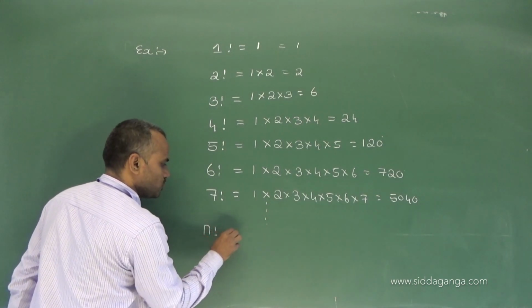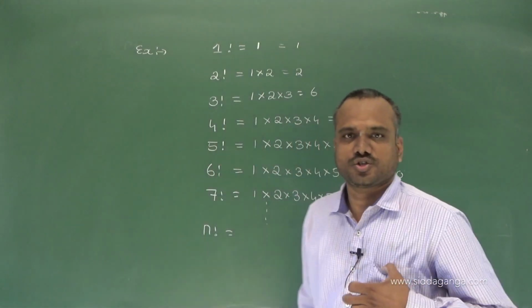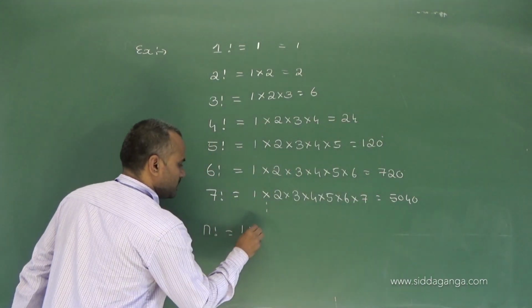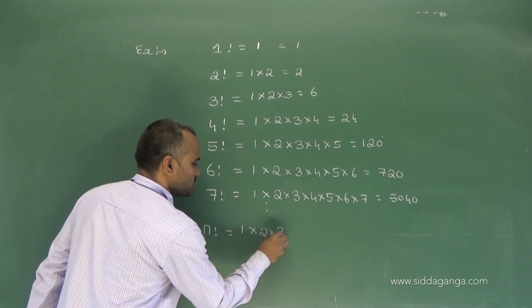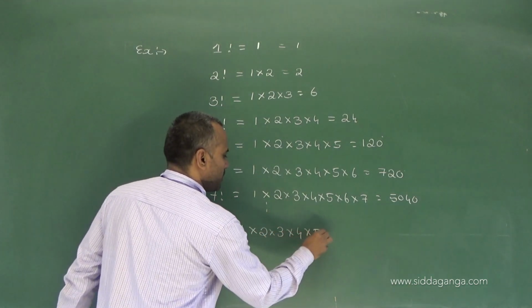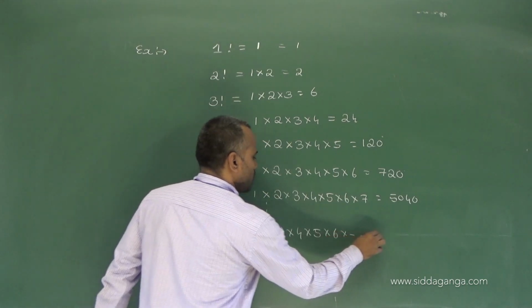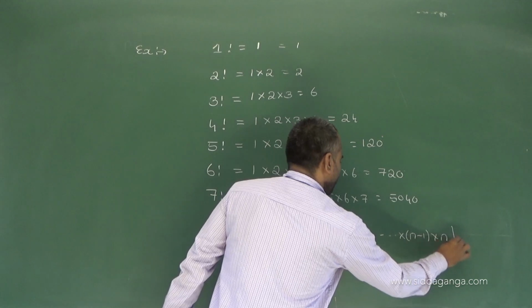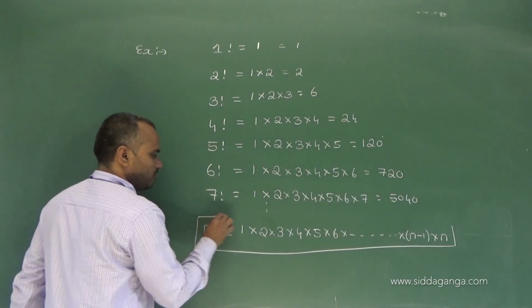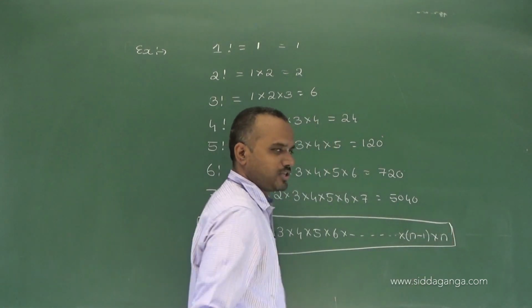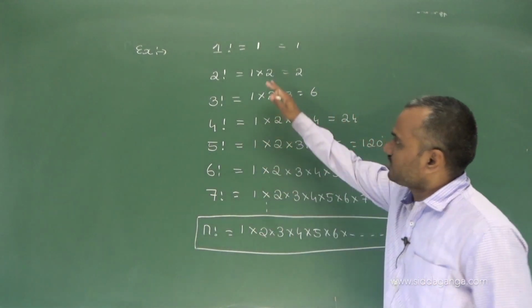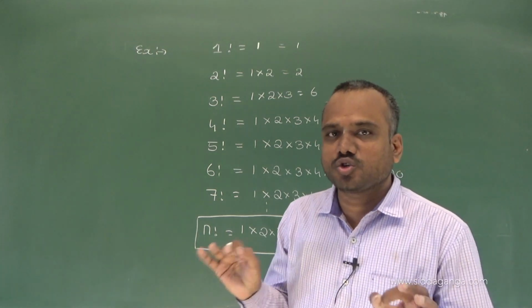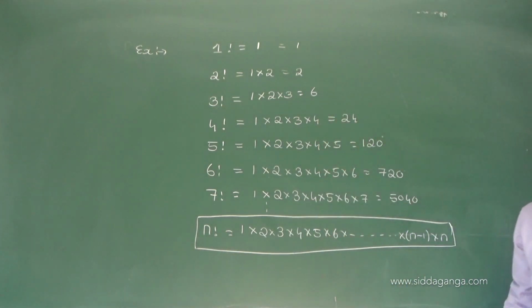Similarly, n factorial. Observe here, n factorial is nothing but the product of the first n natural numbers, so on up to n minus 1 into n. This is the factorial notation. Observe this concept.